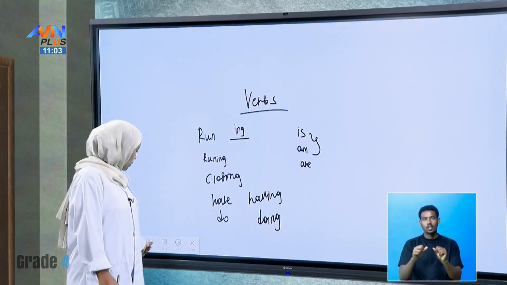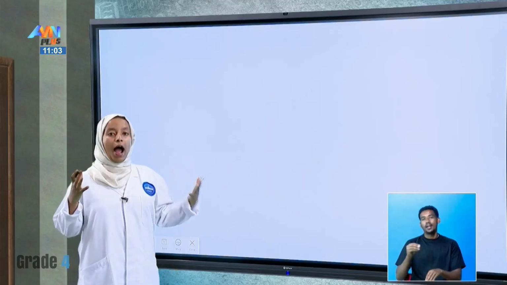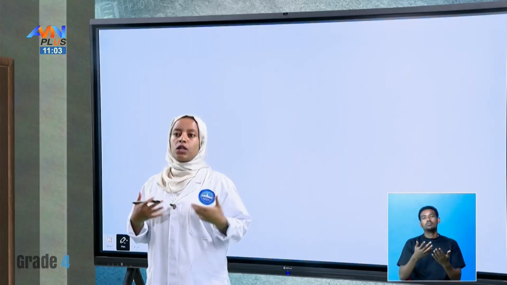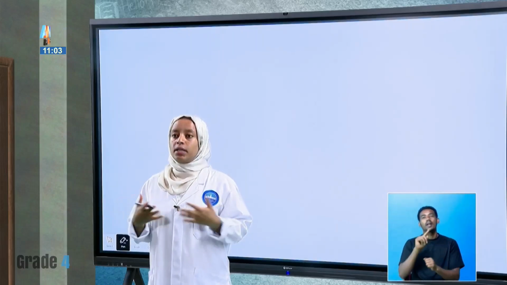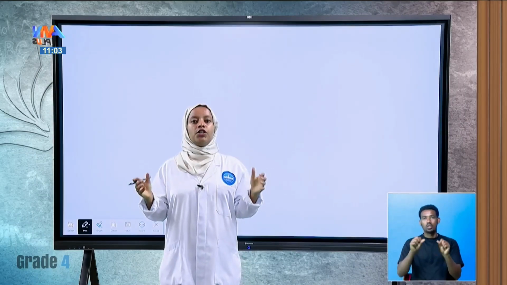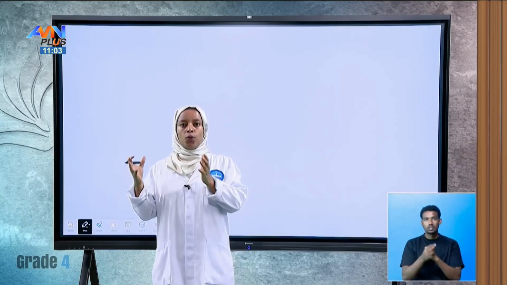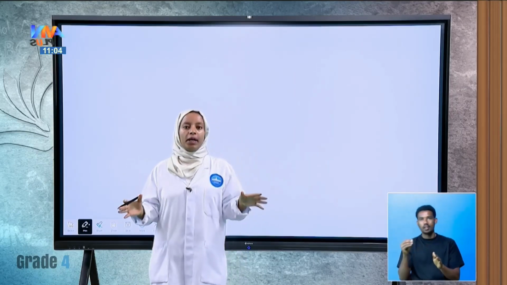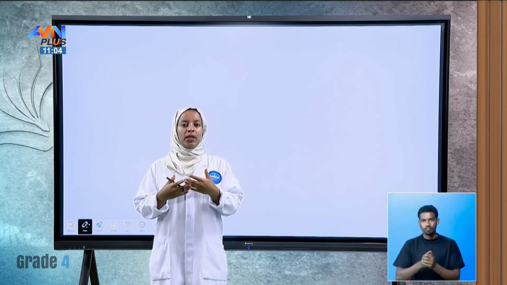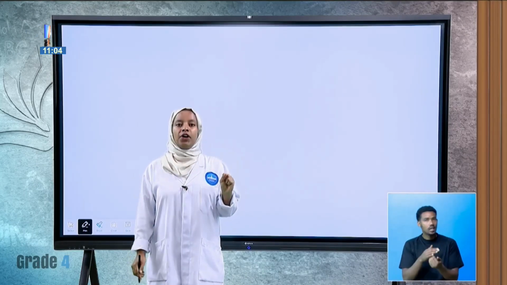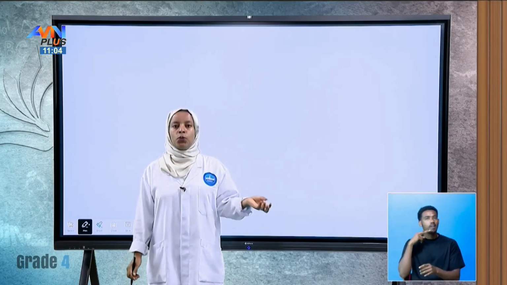And also students, we will learn how we can ask questions in present continuous tense and also change some sentences into negative and interrogative form. When we come to present continuous tense, we can ask questions easily by the three verb to be words.